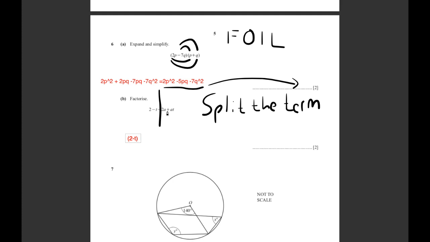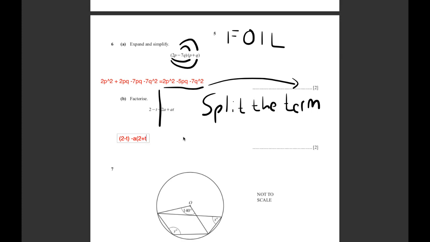We're going to make it minus a, because when you put this into a single bracket, well, what do you multiply minus a by to get minus 2a? Well, just 2. And what do you multiply minus a by to get plus at? Well, we get plus t.